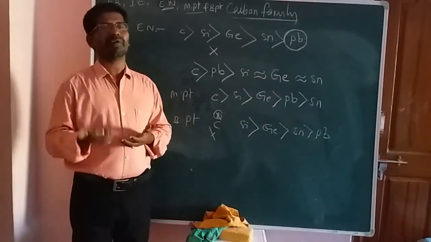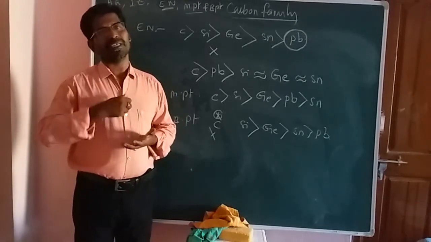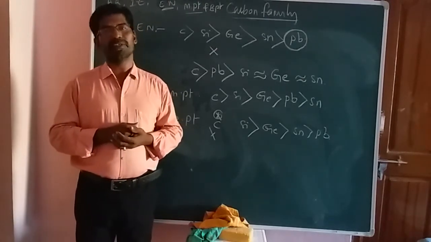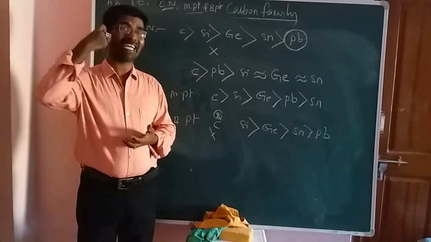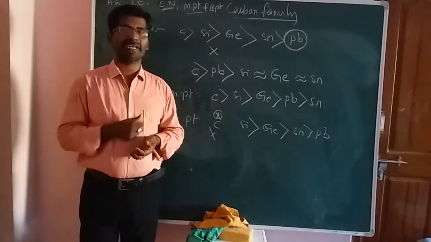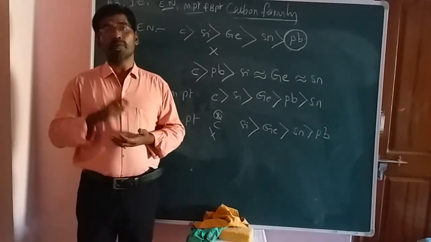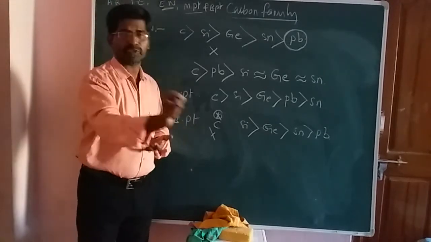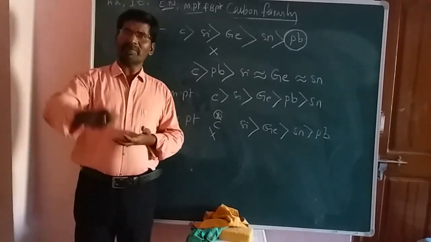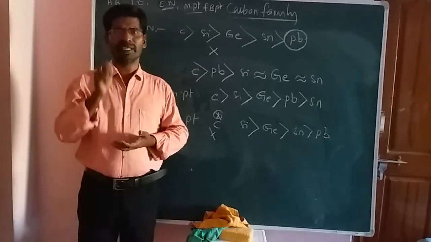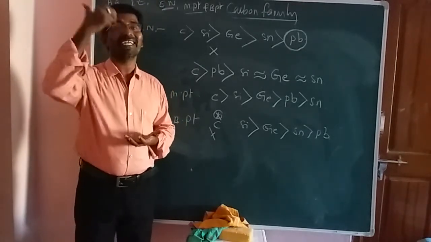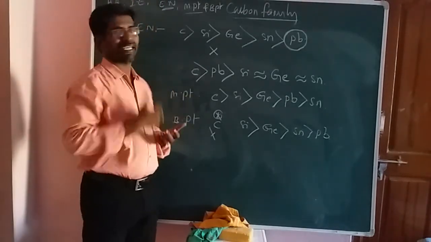Multiple bonds means double bonds and triple bonds. So that is the property of carbon. Carbon has the highest catenation property in the entire periodic table. Of course, in this case, the element which has the greater bond dissociation enthalpy, or higher bond energy, has the greater catenation property.